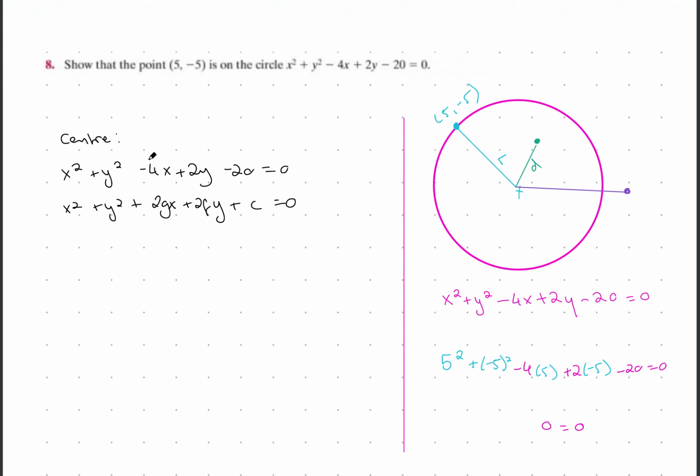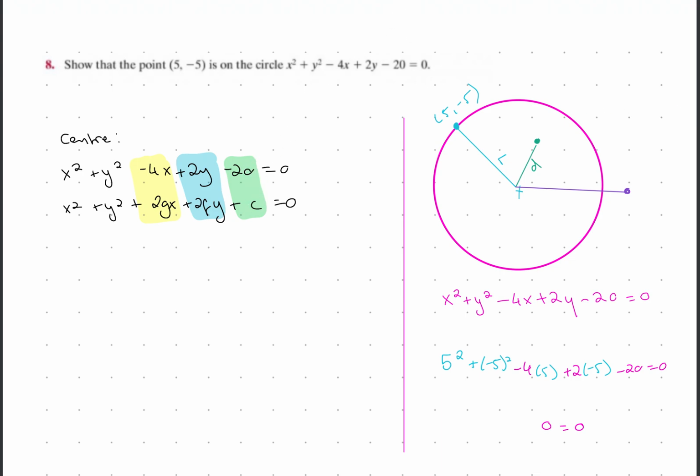So what I can see from that is that my 2gx and my minus 4x are in line with each other, and my 2fy and my 2y are in line with each other, and I can also see, which might be helpful for later on, that c is minus 20.